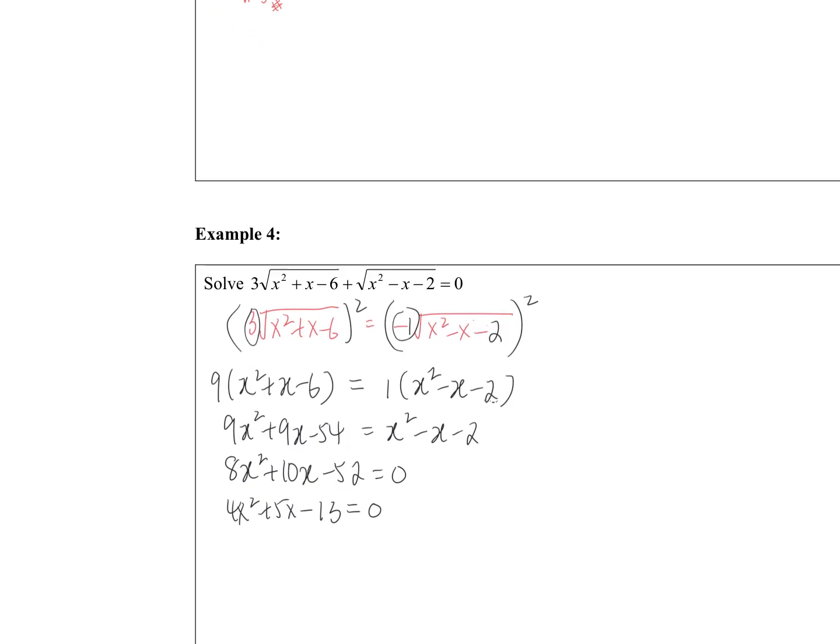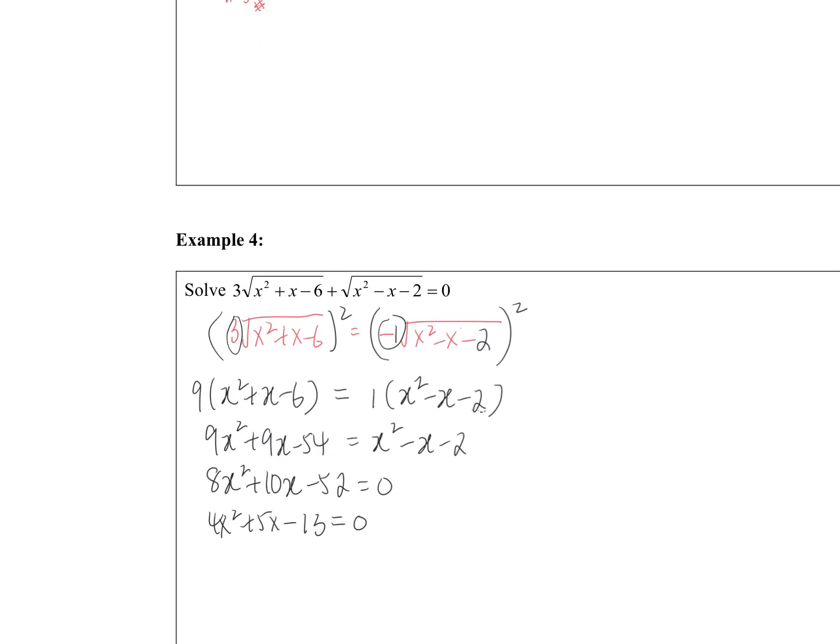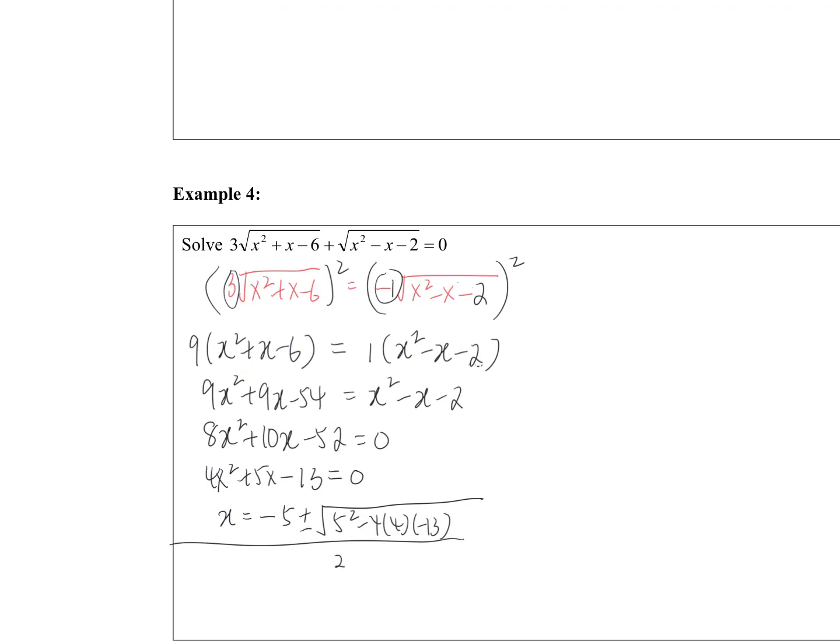Okay, then the rest is just normal solving. You can use quadratic formula. Oh, I did it wrongly. 25, 26.